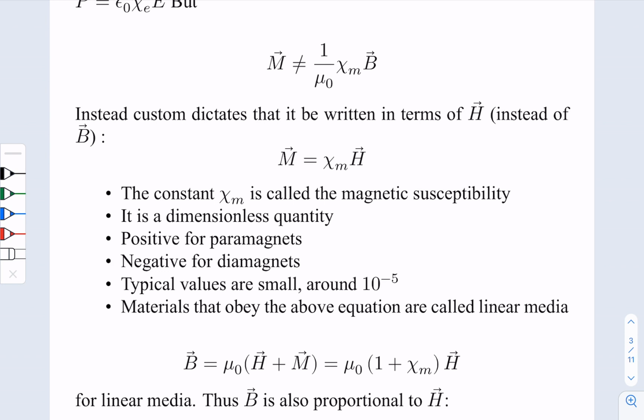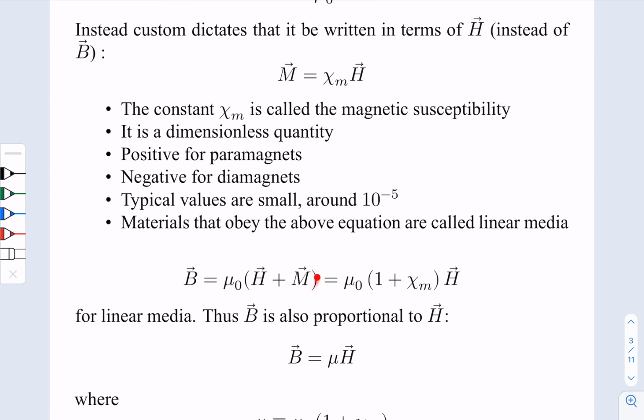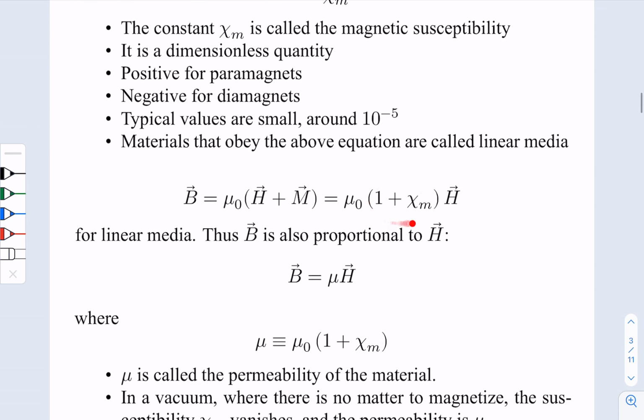Now, if you write out the B field, then B is equal to mu naught times H plus M. And if we rewrite this M in terms of H, we get the chi M here. This 1 plus chi M is similar to the quantity that we see in the electrostatic problem.